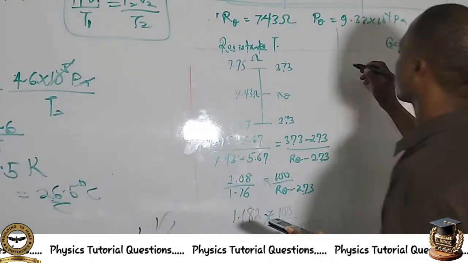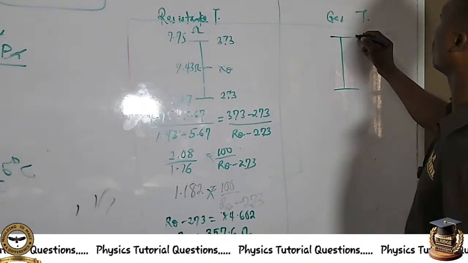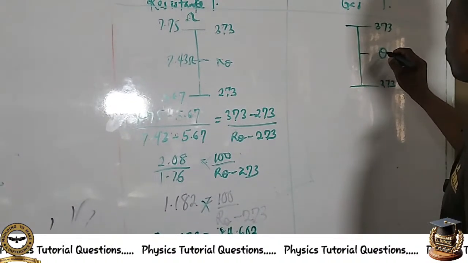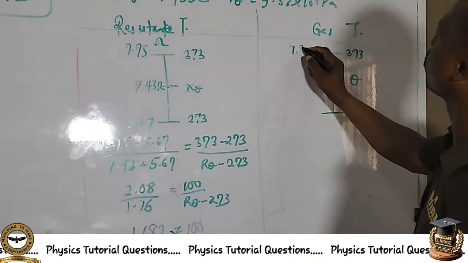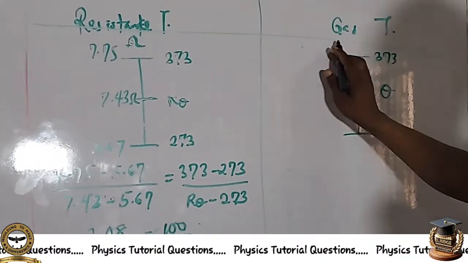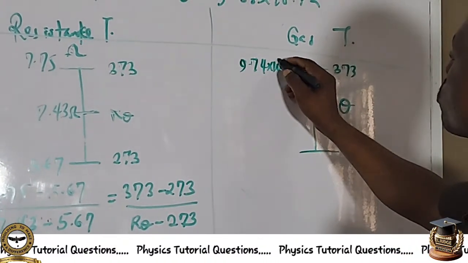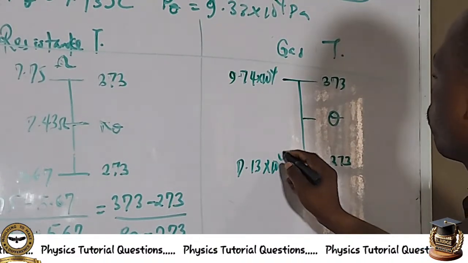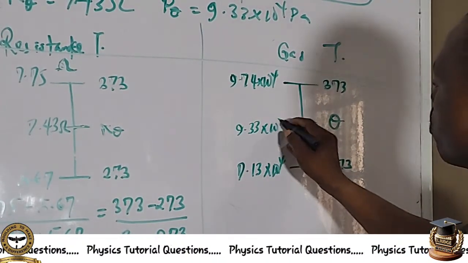But for the gas laws, what you just need to do here is to say this is 373, 273. This is the theta we are looking for, the gas pressure. We have 7.75 at the ice point. So for the gas, we have 9.74 times 10 raised to power 4 and 7.13 times 10 raised to power 4, and this is 9.33 times 10 raised to power 4.